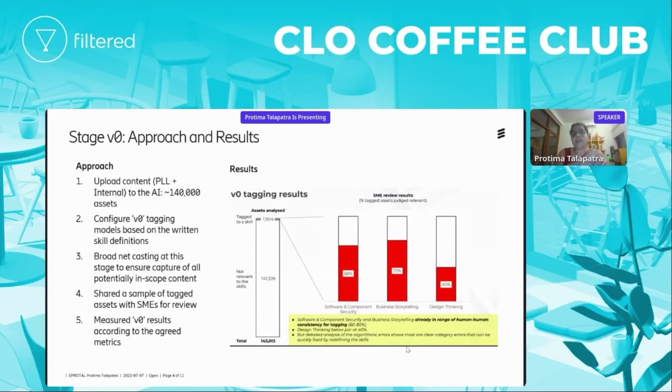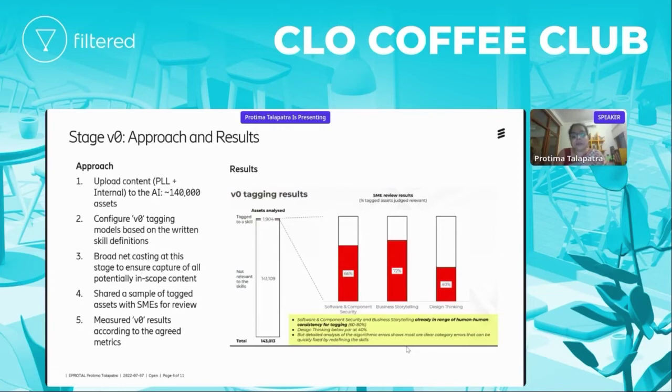This information that we received as first-hand input from Filtered, we took it to our subject matter experts, and we said, "This is what Filtered says. Do you agree with it?" The responses were good. For example, for security, they said the 66% of learning assets aligned to security by Filtered made sense.